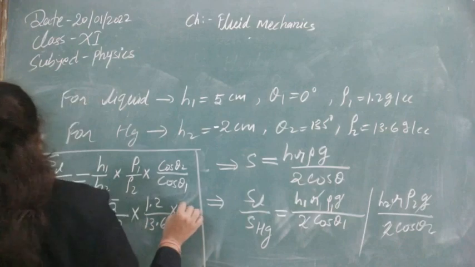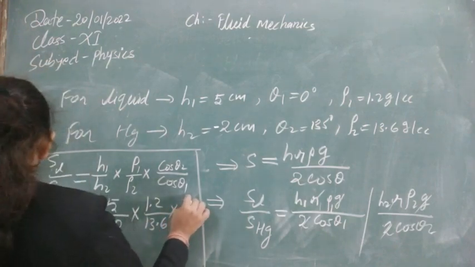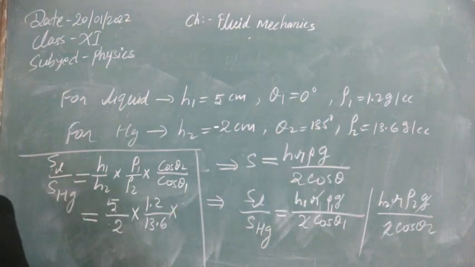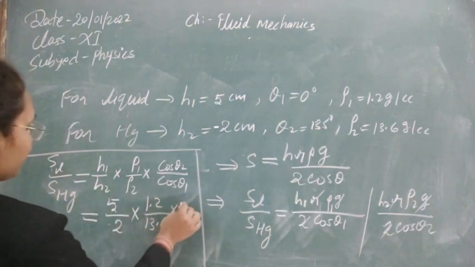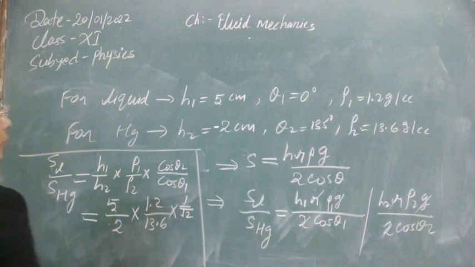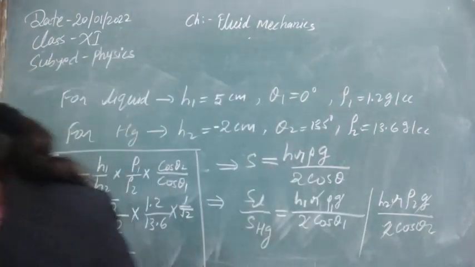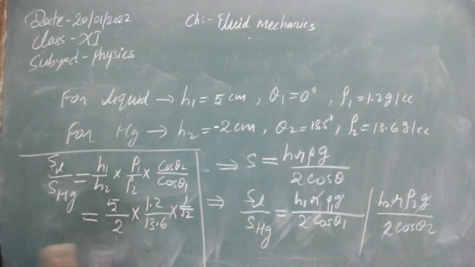So finally after solution, this is 1 by root 2, and this is cos 0, that is 1. Now we have to solve this whole thing. After solving this one, we will find out the value of this whole term.